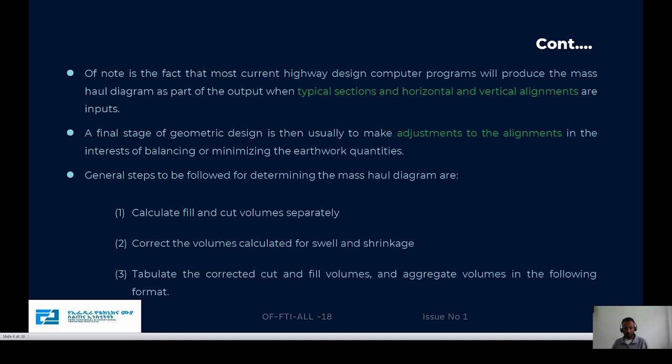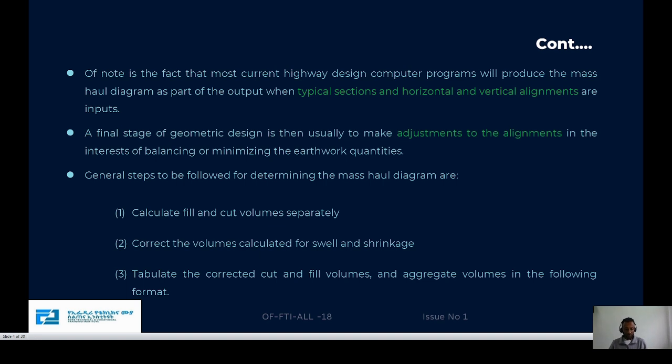The general steps to determine the mass flow diagram: first, calculate the fill and cutting areas separately. Then the fill and cut volumes are calculated using area 1 plus area 2 over 2, times the length.